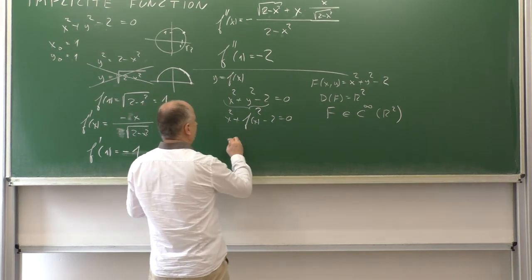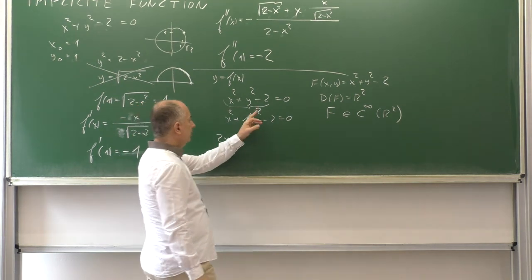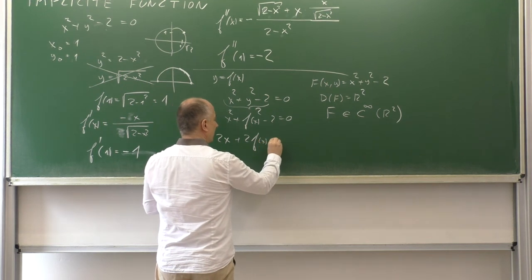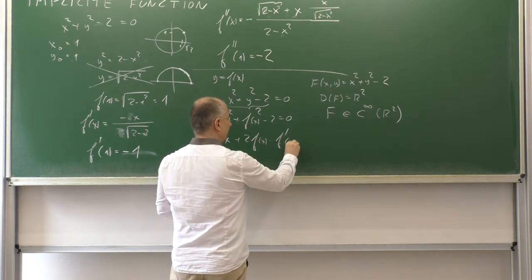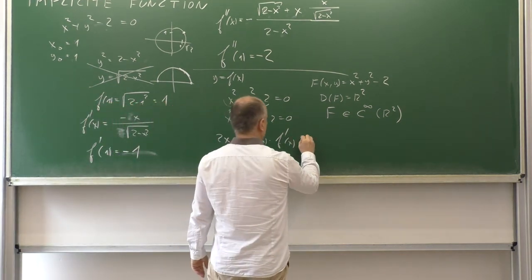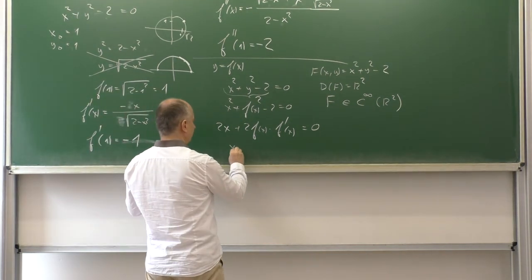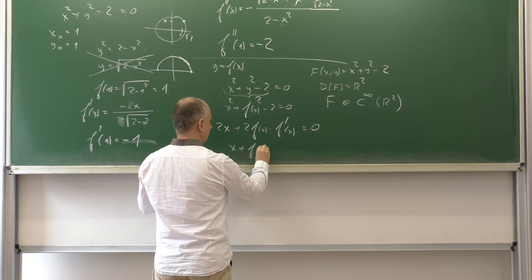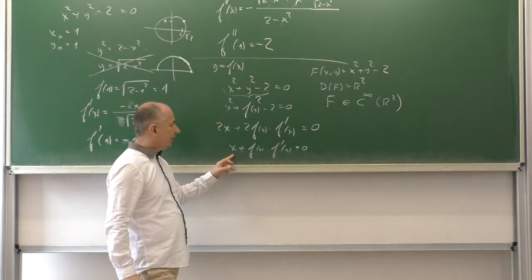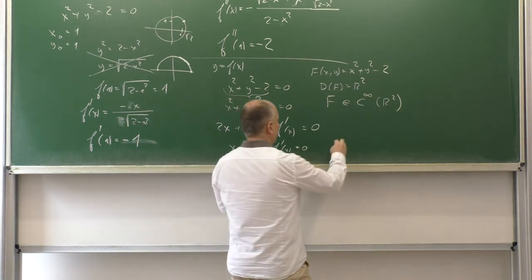Now when we differentiate this, the derivative of x squared is 2x, and derivative of f squared is 2f times the derivative of the inner function. The inner function is small f and its derivative is f prime. Minus 0 is equal to 0. We can divide by 2. And if we subtract x and divide by f, we have the formula for f prime.